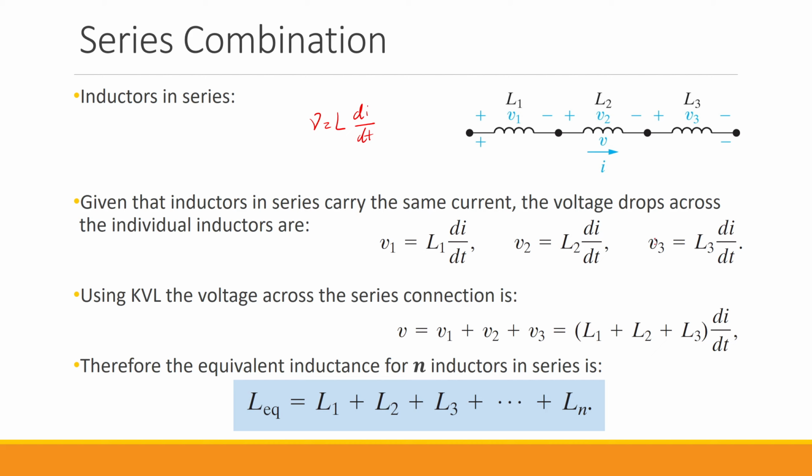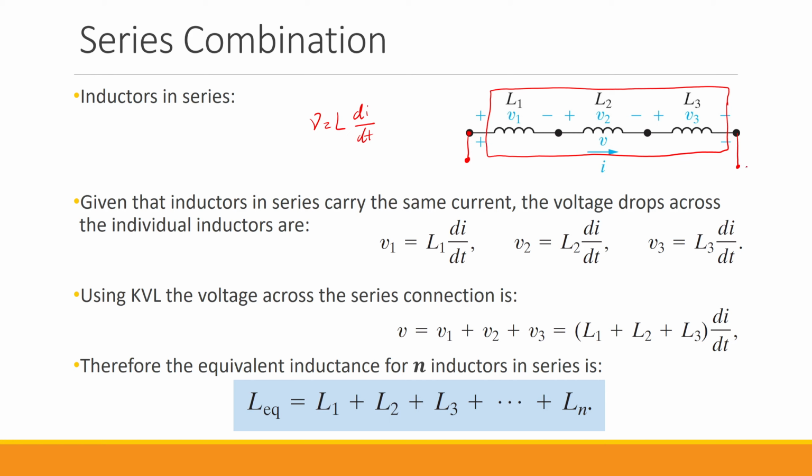But now let's say we want to find the equivalent inductor that is connected between this terminal and this terminal. Basically, if we have these three inside the black box, what is the terminal behavior of this black box? As you can see, the three voltages V1, V2 and V3 are summed together to create the voltage between the first terminal and the last terminal.